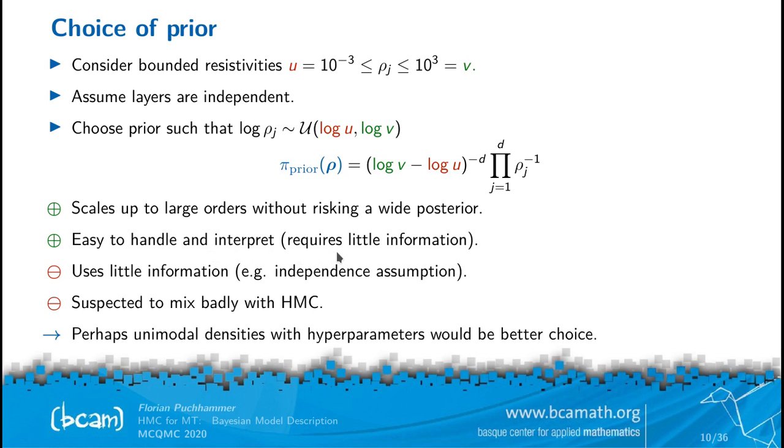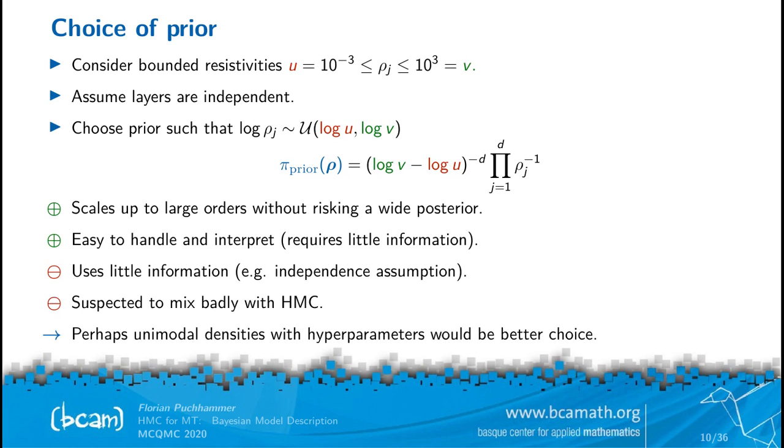Requiring little information has basically two sides, so it's also a big disadvantage because we have to make, for instance, unrealistic assumptions, because independent layers are sometimes the case, but not always. And we also have the suspicion that the boundedness mixes badly with HMC algorithms.